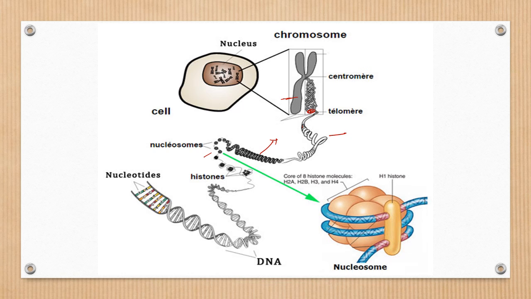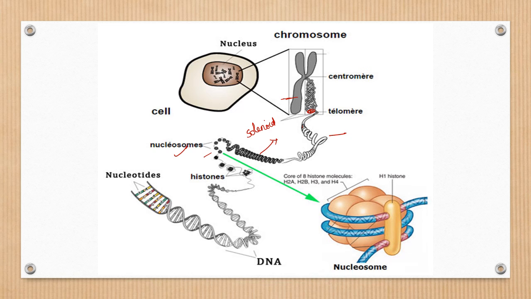So the DNA wraps around the histone proteins to form nucleosomes, and nucleosomes form a solenoid.